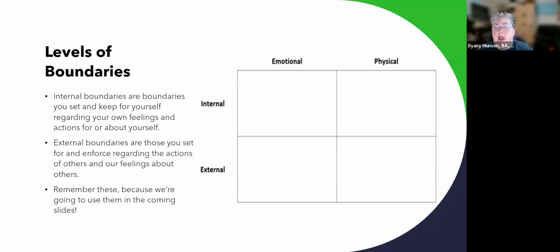An internal, I want to say emotional boundaries are about our feelings, and physical boundaries about things we do. So internal emotional boundaries might be: I'm trying something new, and I am going to set an internal emotional boundary that I'm going to work to not be mad at myself or upset with myself when I don't succeed at it right away.